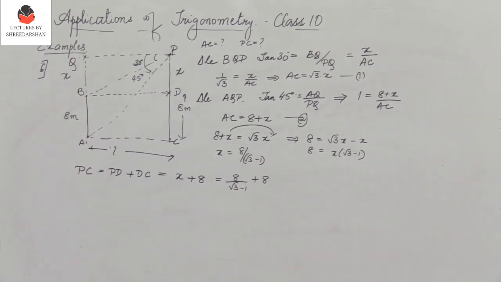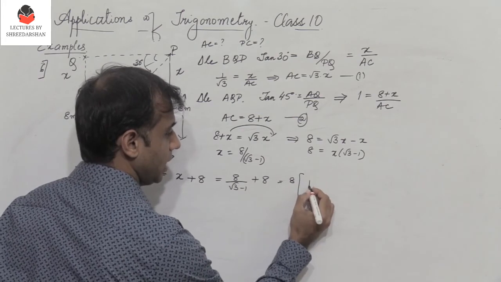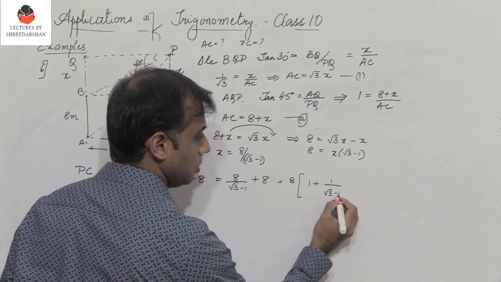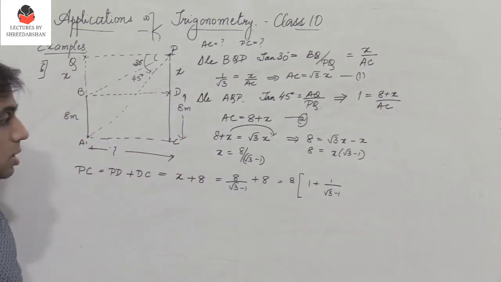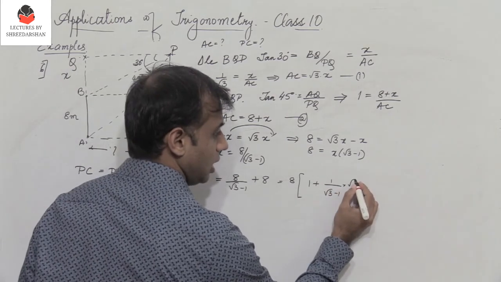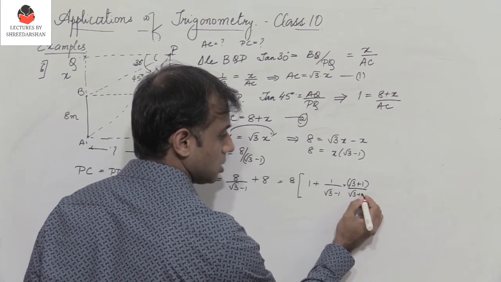So this is what I get. Now let us take 8 common outside. So I get 8 times (1 plus 1 divided by root 3 minus 1). Okay, now let me rationalize this. To rationalize, I multiply it by root 3 plus 1 divided by root 3 plus 1.